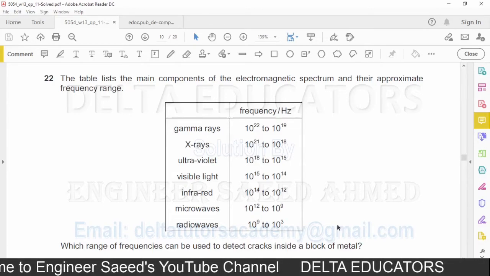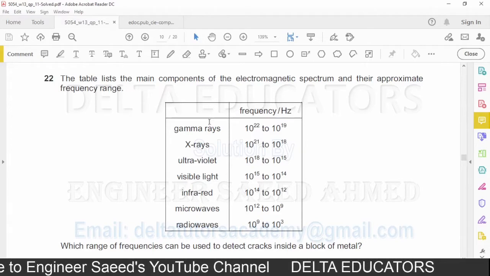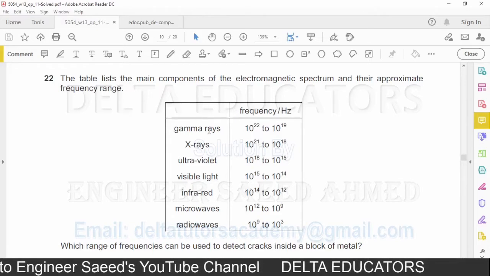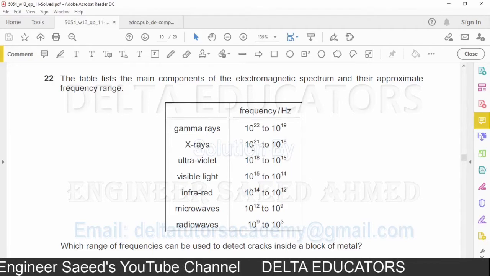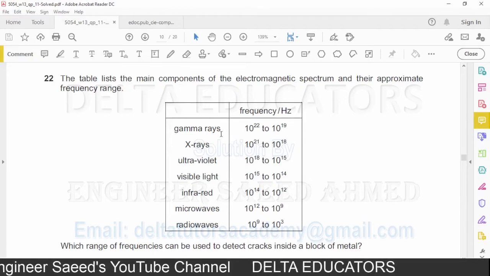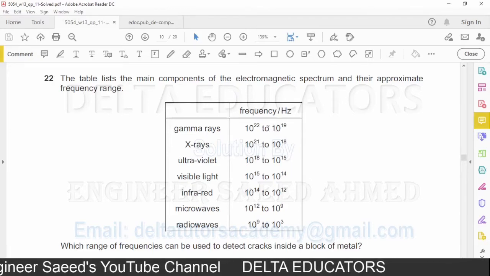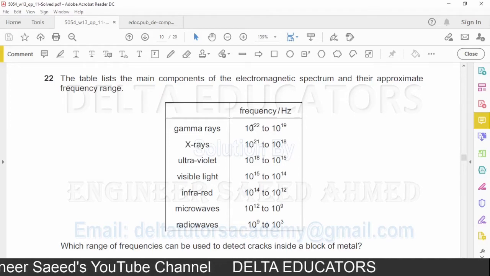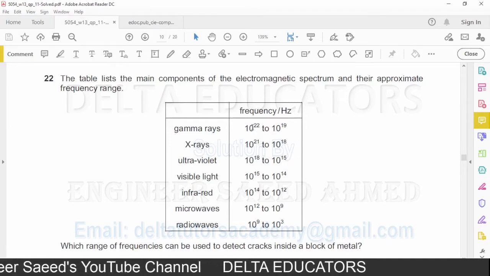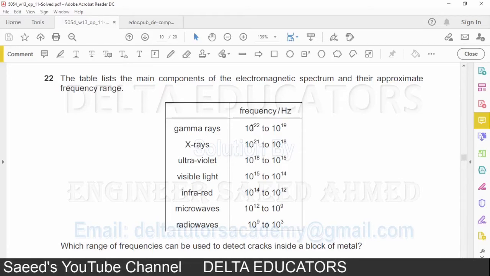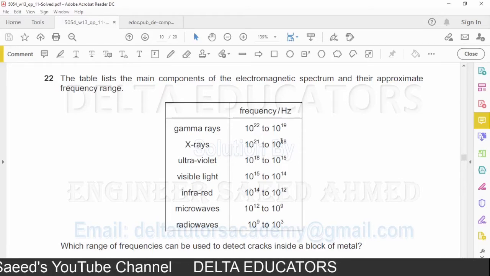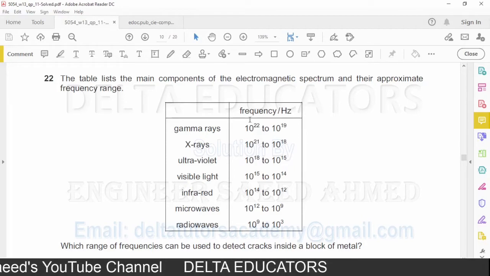We have to use the frequency of X-rays or of gamma rays. For X-rays, the frequency range is given 10 power 18 to 10 power 21, whereas for gamma rays, the range is given 10 power 19 to 10 power 22. So the frequency range that we have to use here should be from 10 power 18 to 10 power 22.